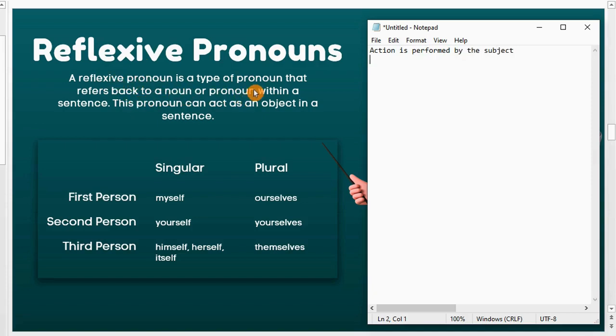It means I'm talking back to myself. Okay, myself. If I give the example, they did the work themselves. It means we come back to ourselves, myself, themselves. So it refers back to a noun or a pronoun. Example, I try to write the example here.